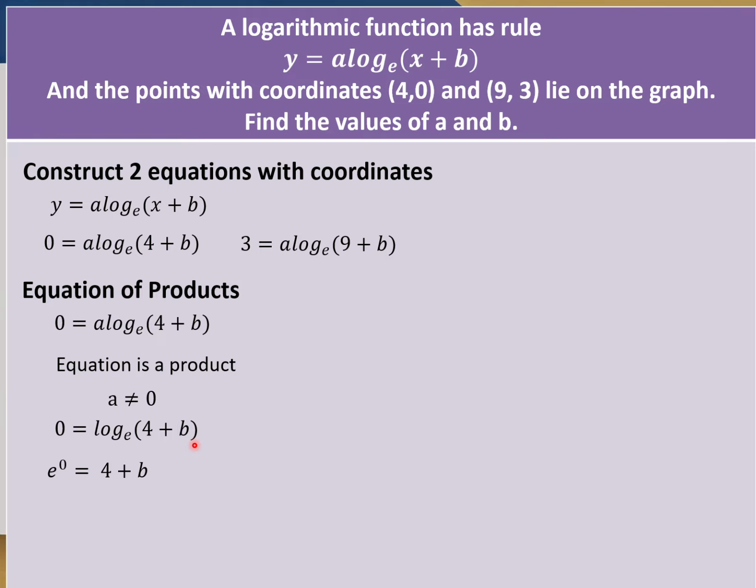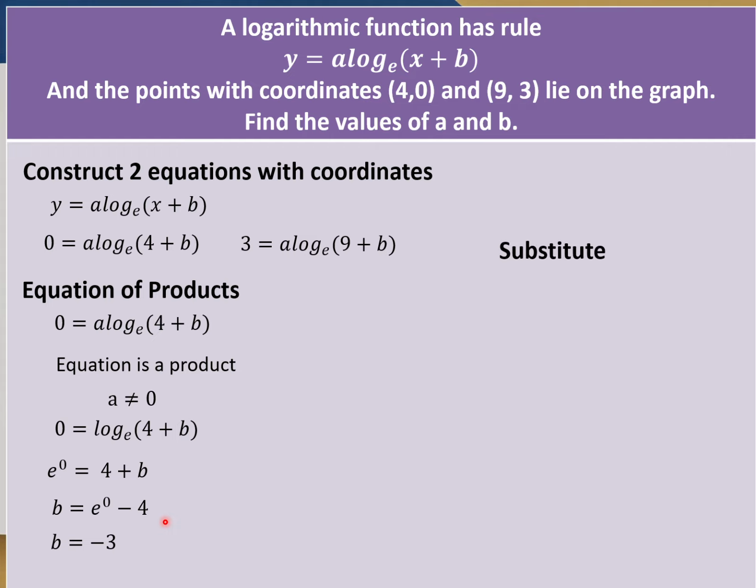We know anything to the power of 0 is 1. So to get b by itself, I'm literally just going to go 1 take away 4, which gives me -3.